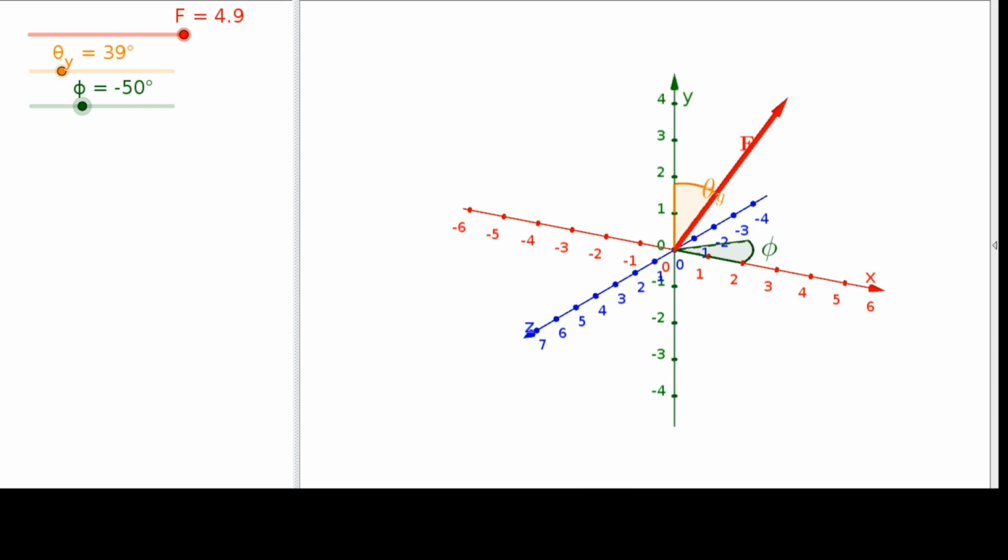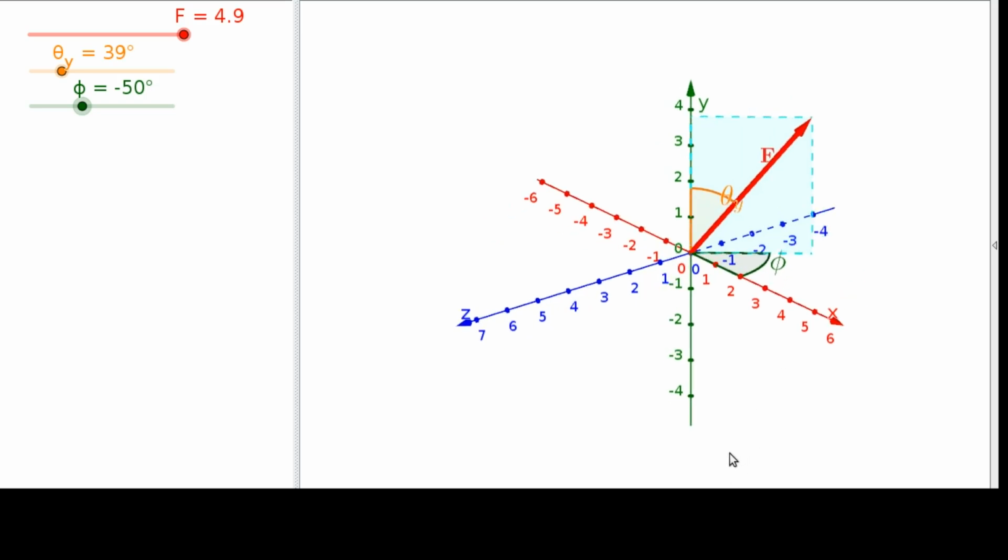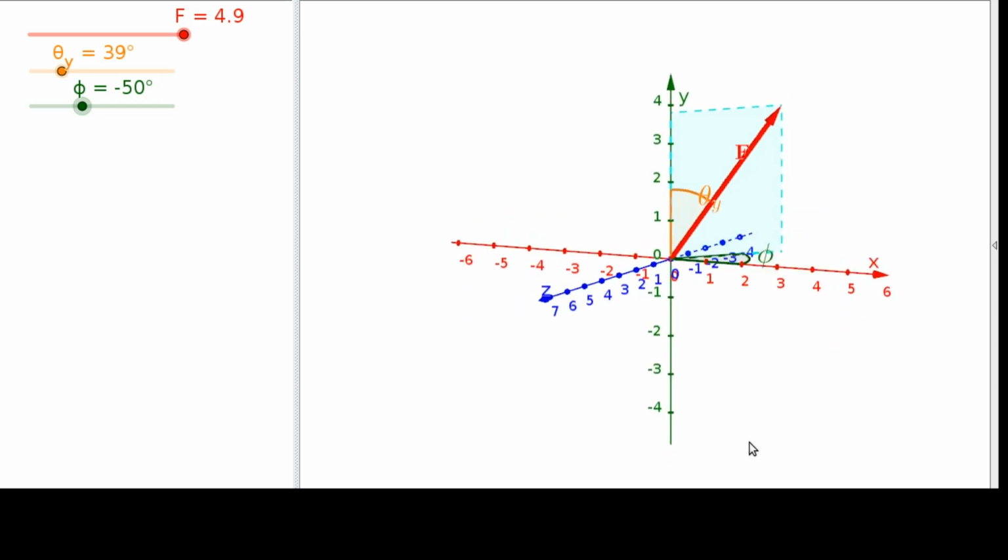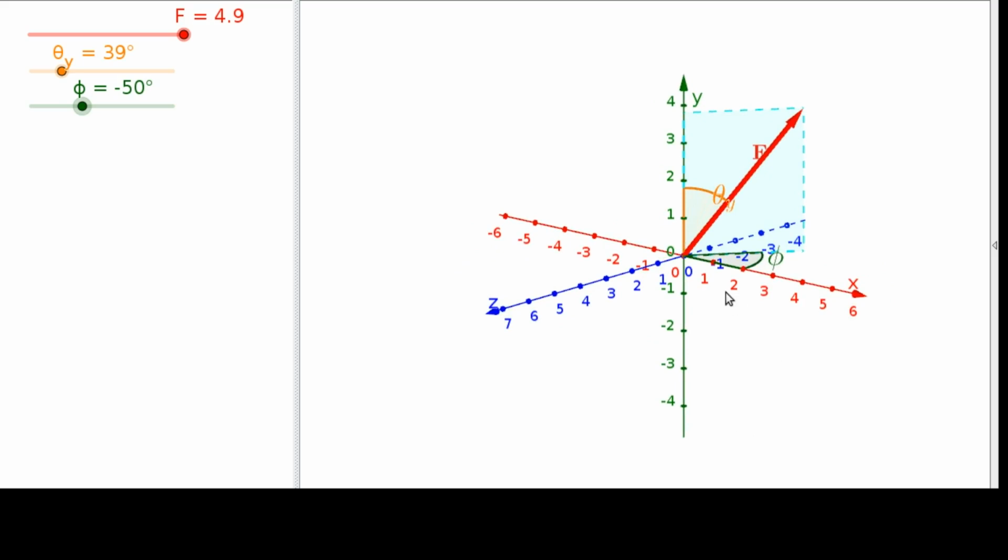Okay, let's draw a rectangle here along the y-axis and out to the point. Here's this rectangle. We can see it's made up of 2 right triangles. So we can look at this edge now and find the magnitude of that edge.